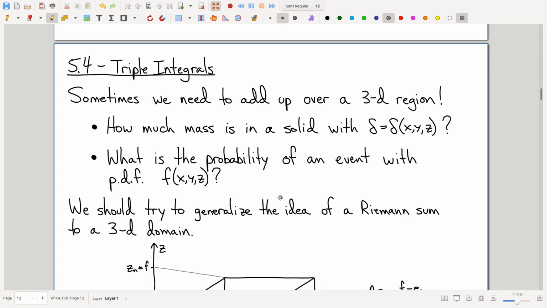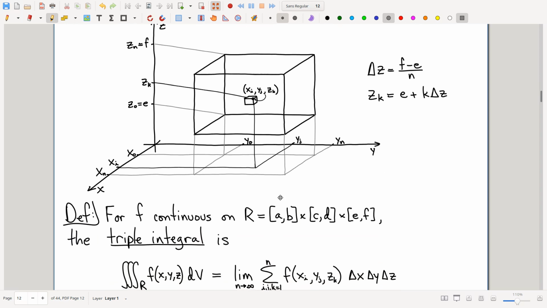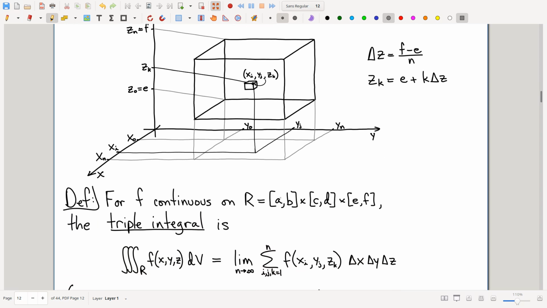So it's really the same thing here for triple integrals. The big idea of a triple integral is, look, I've got some solid region here, and on this solid region, maybe there are quantities where the whole is the sum of the parts. Well, of course there are. Mass, let's say, right?